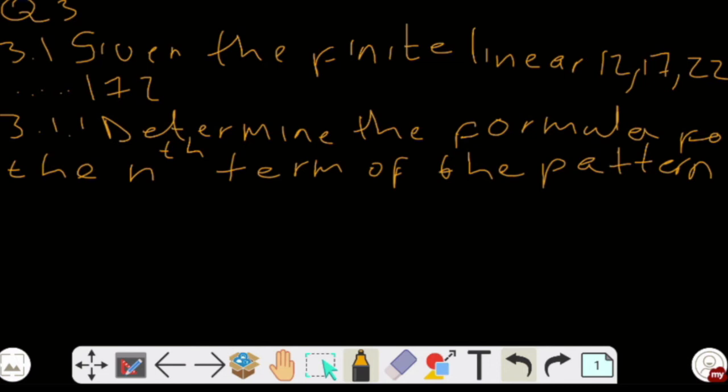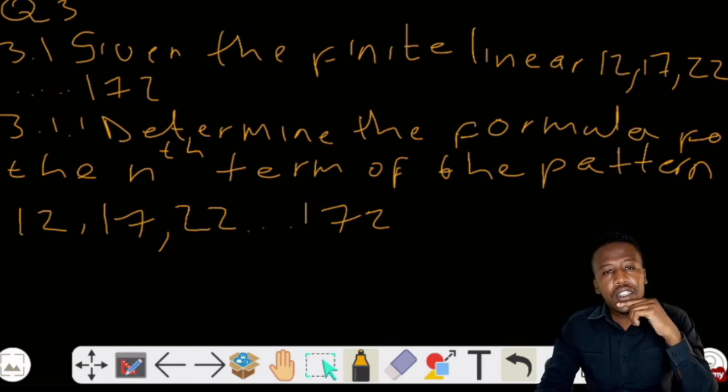Now the pattern is 12, 17, 22, all the way to 172. Now remember, they say you must determine the linear pattern. In this case, you are given what type of number pattern you're dealing with.